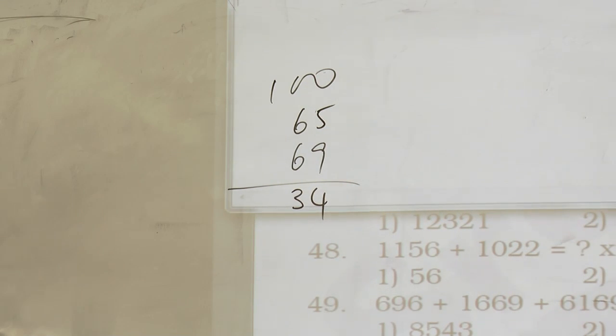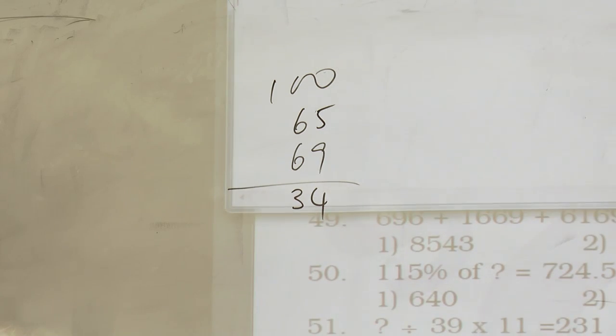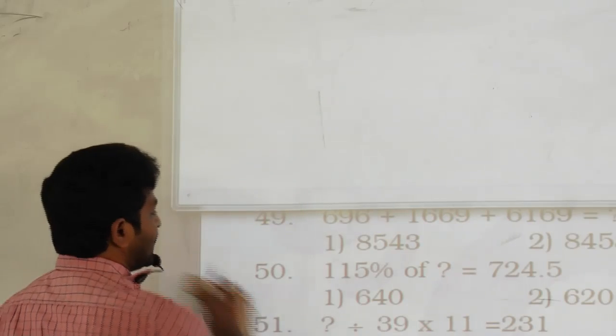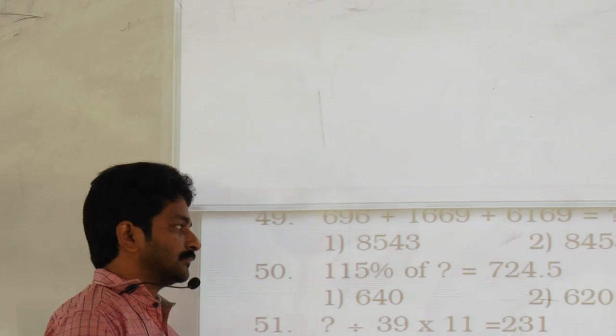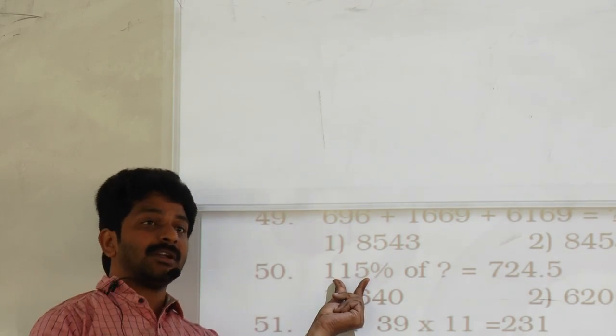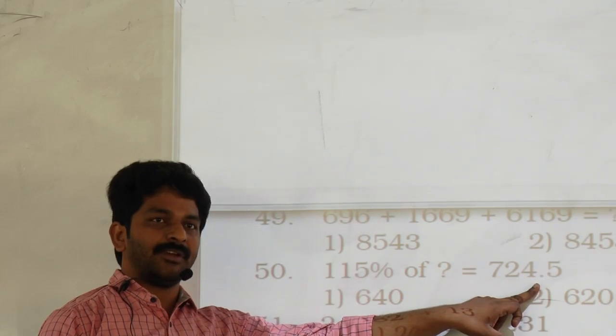Next, 50th. 115% of x is equal to 724.5. This is 15% above the 100%, and it ends with 0.5.